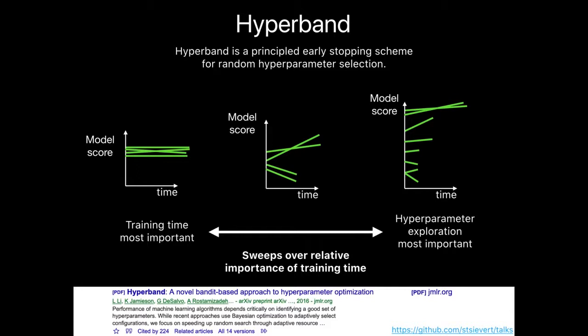So maybe I should have had 3 lines on the least adaptive bracket, not 4. But that's the point. One bracket that has training data very important, another one that has training data very important, one where training data is only somewhat important. And then let's run all of those early stopping schemes in parallel.